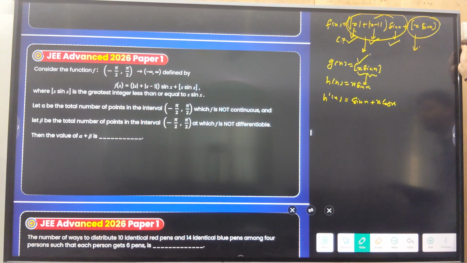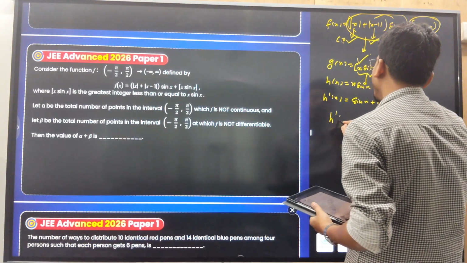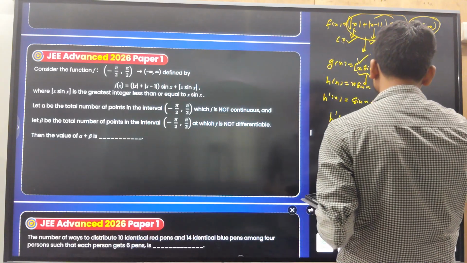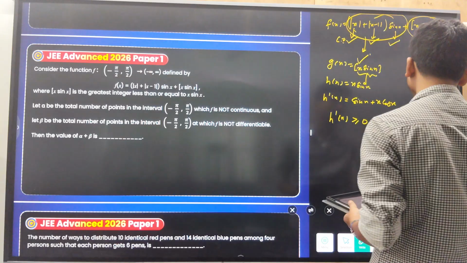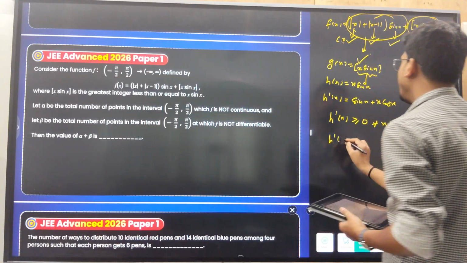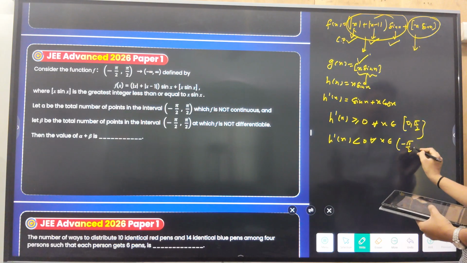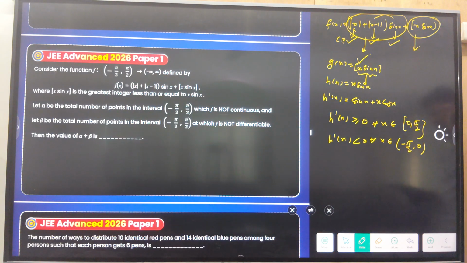For that we should know the nature of h(x). When h dash x is greater than or equal to 0, h(x) will be increasing. It is greater than or equal to 0 for x belonging to 0 to pi by 2, and h dash x is less than 0 for x belonging to minus pi by 2 to 0. It means h(x) is increasing from 0 to pi by 2 and decreasing from minus pi by 2 to 0.